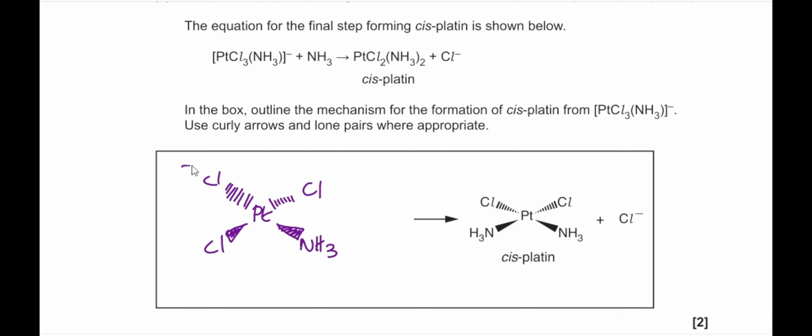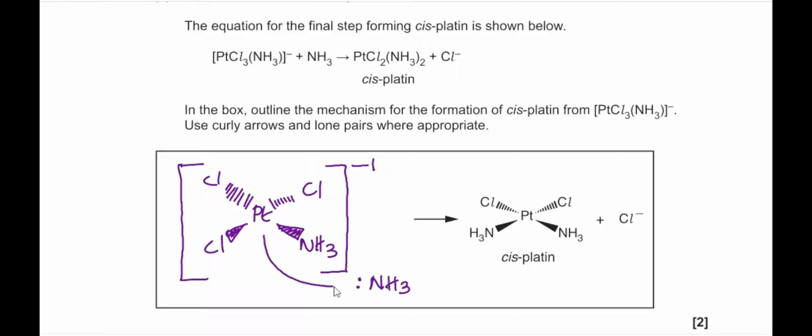Now this complex ion has got a charge of -1. So put square brackets and show the charge. Right. Now one NH3 molecule comes around nearby, and this nitrogen atom in the NH3 molecule has got one lone pair of electrons, which it happily contributes to form a coordinate bond with platinum.